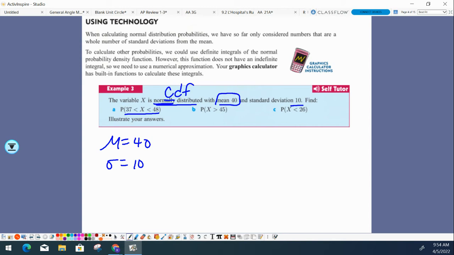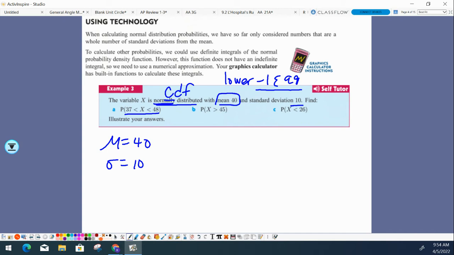Notice when you first turn it on, it says the lower value is -1 E99. That's your -10 to the 99th power. And what that does, that makes this a really, really tiny value. So we just use that if we want to use the smallest value possible.